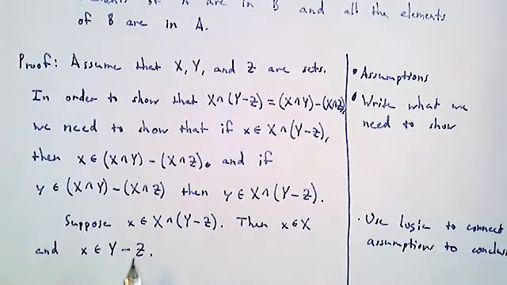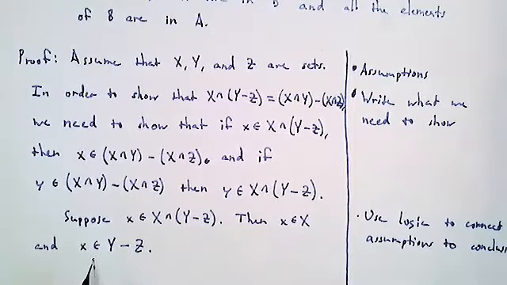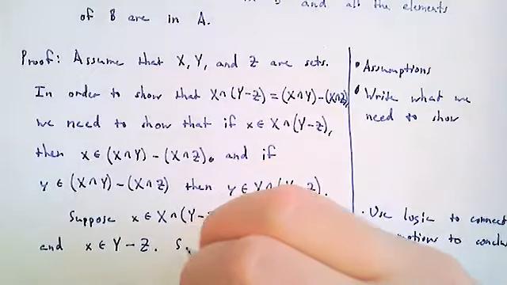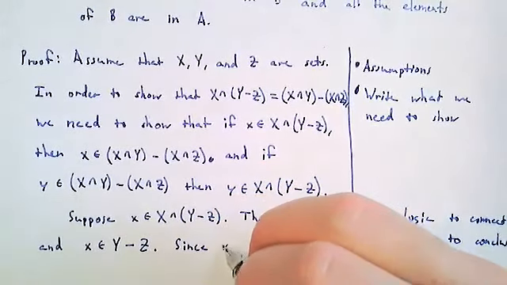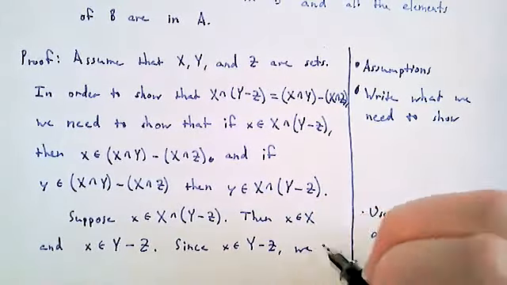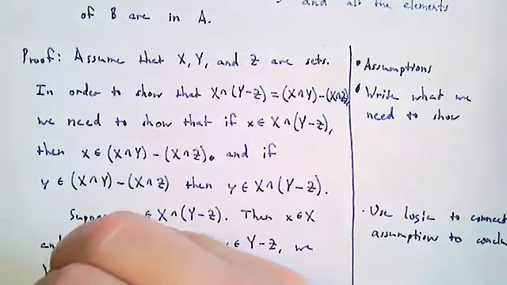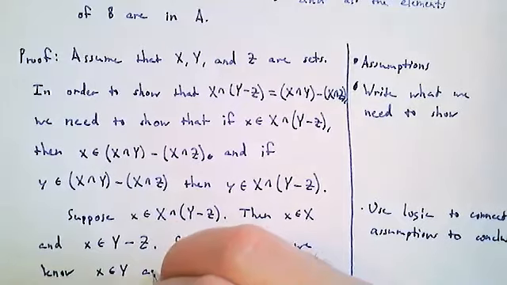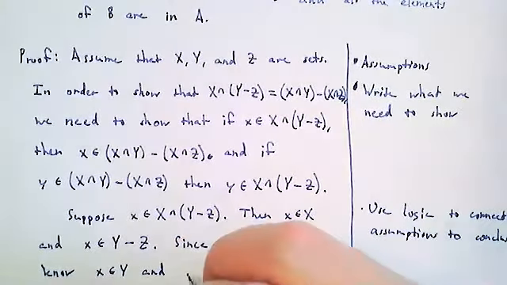Then we have to remember what set subtraction means. So this set, y minus z, is the set of elements of y that are not in z. So we can just write out what it means for x. Since x is an element of y minus z, we know that x is in y, and it's not an element of z.